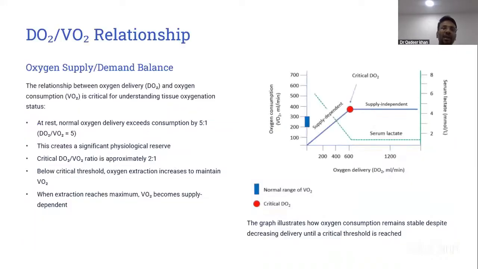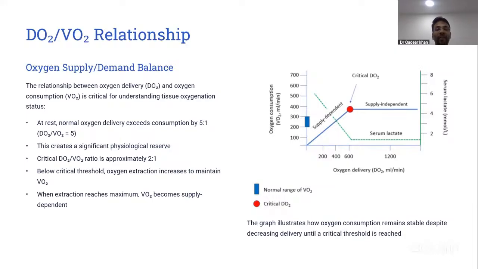As I told, the normal ratio of oxygen delivery to oxygen consumption is about 5:1, wherein oxygen delivery is more than oxygen consumption. But when the patient is hypermetabolic, in sepsis, or having a thyroid storm, the consumption goes higher, and your body can tolerate up to a DO2 to VO2 ratio of 2:1.